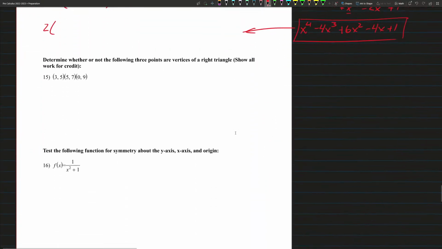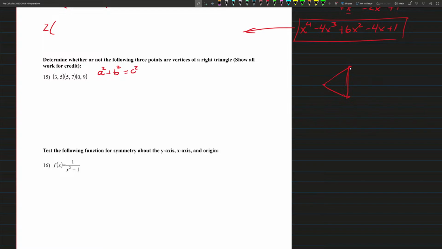Okay. Number 15, determine whether or not the following points are vertices of a right triangle. So these are 3 points. And what we have to do is test whether or not they create a right triangle. We have the Pythagorean theorem, which says that for a right triangle with hypotenuse c and other sides a and b, a squared plus b squared is equal to c squared.